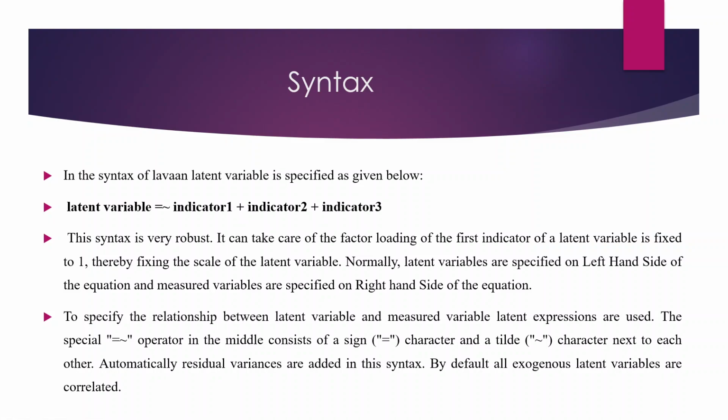You will have to write this for all 3 constructs. You don't have to connect residual variances as we have to do in other software. All the residual variances will be added automatically. Moreover, all the construct covariances will also be added automatically. You don't have to do anything.